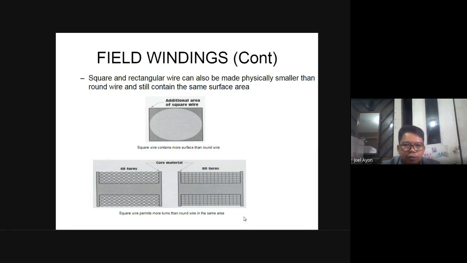So square wire contains more surface than round wire. Usually the magnetic wire you see is round, but there are square-shaped copper wires too.